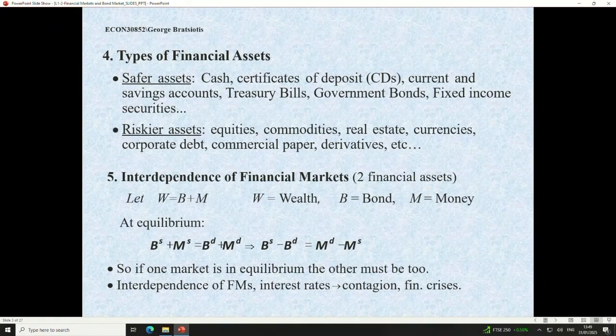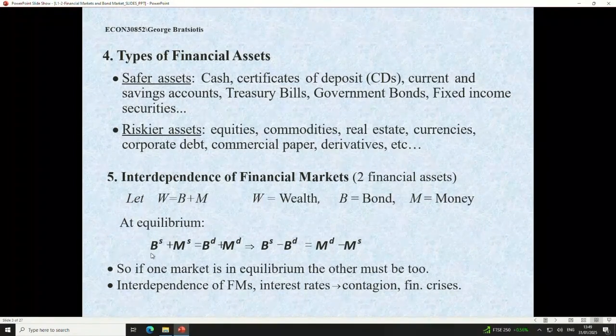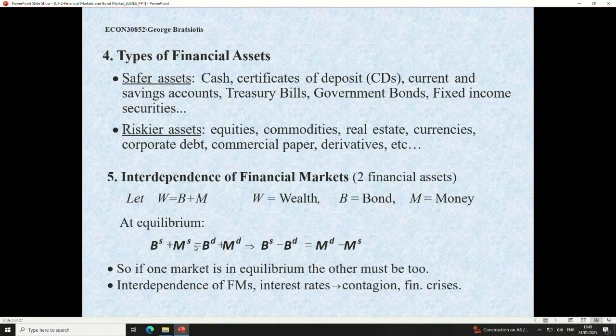Fine, therefore, am I right that if I add up all the bonds that were supplied and all the money that was supplied, then that must be covered for equilibrium by the demand for money and the demand for bonds, correct? Otherwise, I'm not in equilibrium.